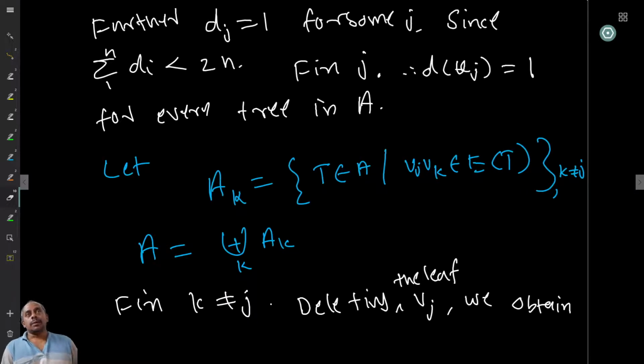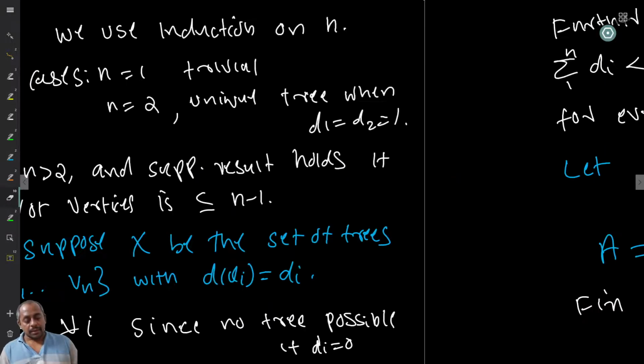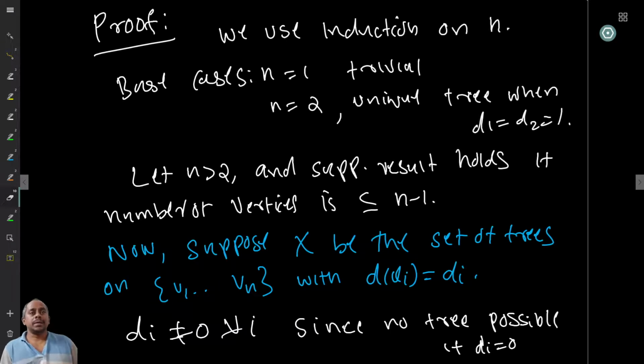Now suppose dj is equal to 1 for some j. This we can always assume. Why? Suppose every di was greater than or equal to 2.